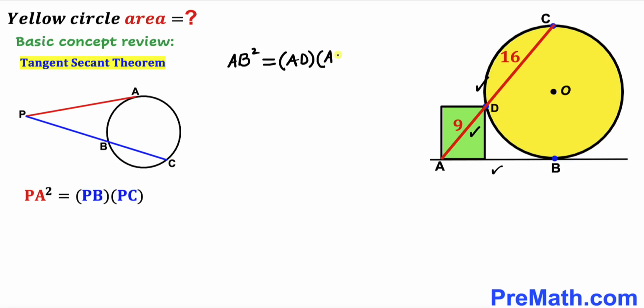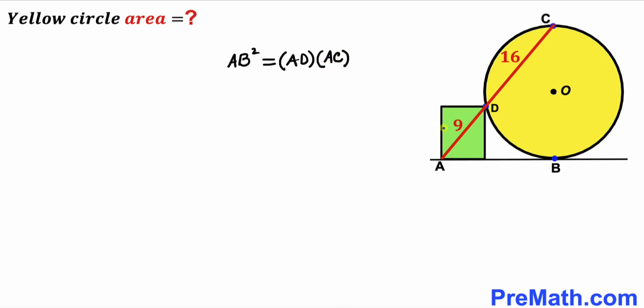Our diagonal AD is 9, so I'm going to replace it with 9. Likewise, the whole segment AC is 9 plus 16, which gives us 25 units, so I'm going to replace AC by 25. Therefore AB square equals 9 times 25.